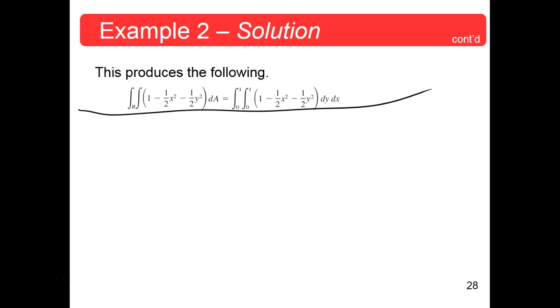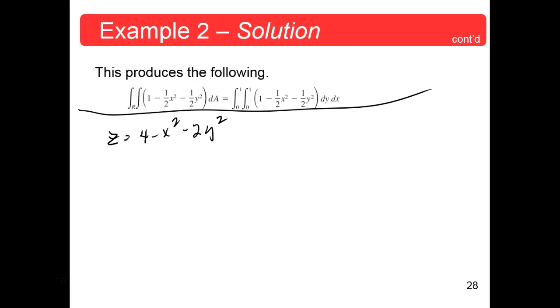Find the volume of a solid bounded by the paraboloid z equals 4 minus x squared minus 2y squared. Okay. Wait a minute. Have we just gone over? Yeah. Sorry. Not going to be able to do example 3.